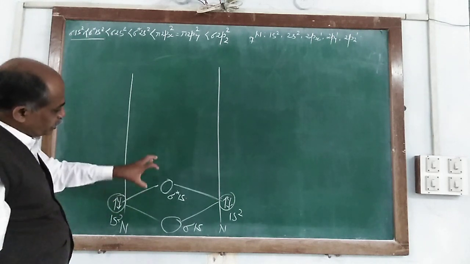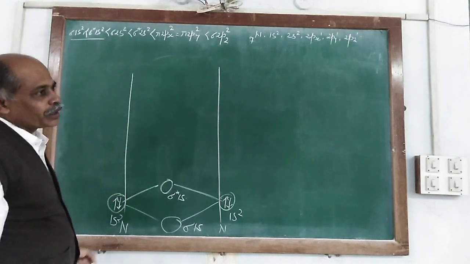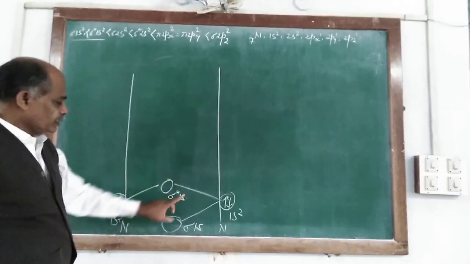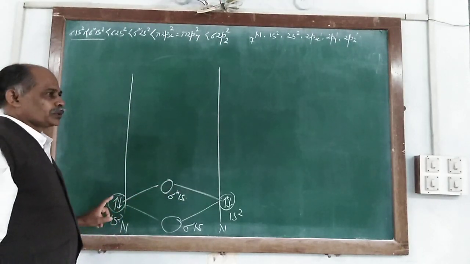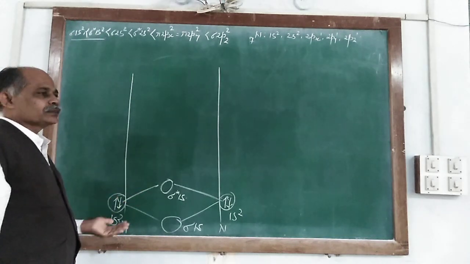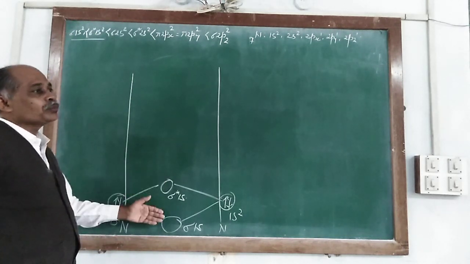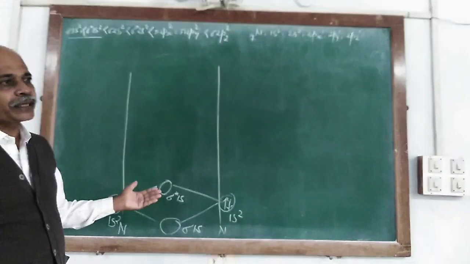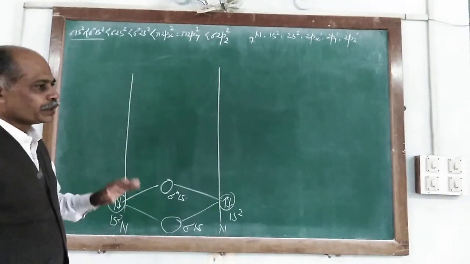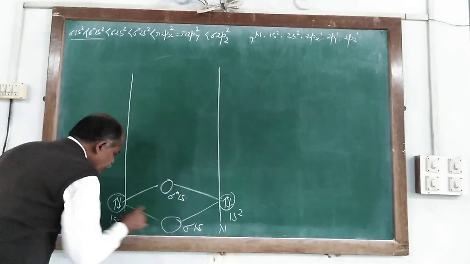So from the atomic orbital, each having two electrons, these 2 electrons are accommodated in 2 molecular orbitals, the bonding molecular orbital as well as the anti-bonding molecular orbital.